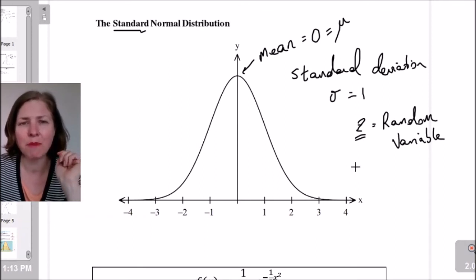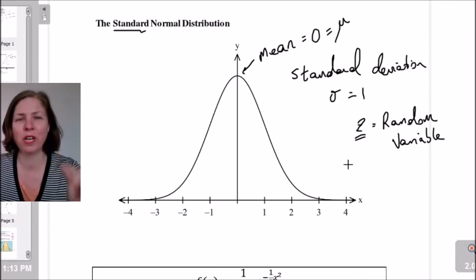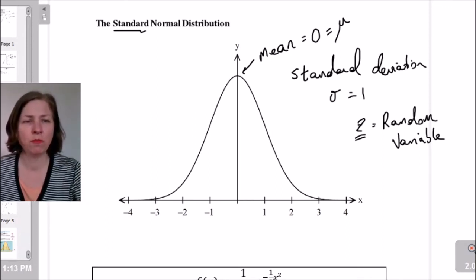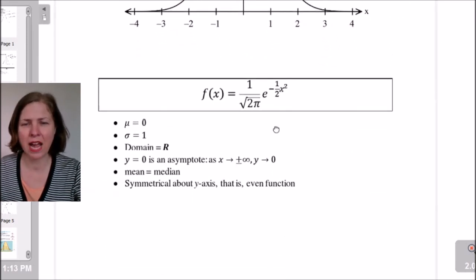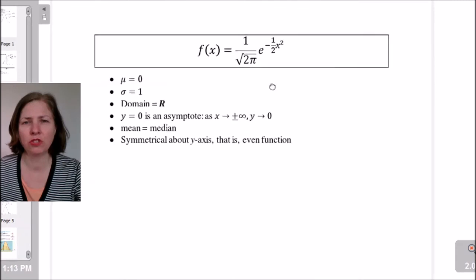Now, we are learning about the standard distribution before we learn about the general distribution, but we'll get to that shortly. So here's the formula for our standard normal distribution.